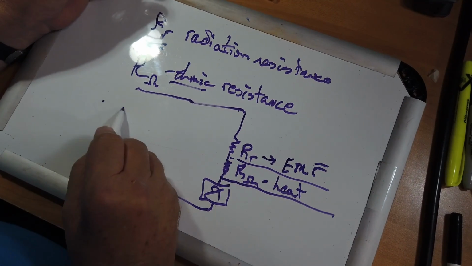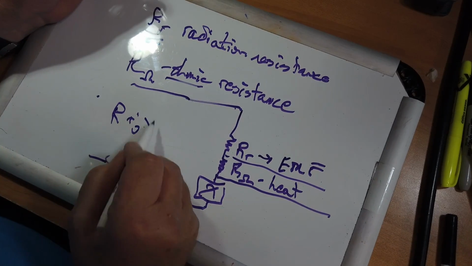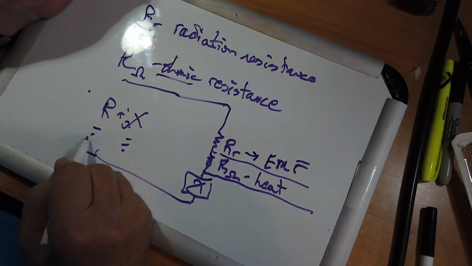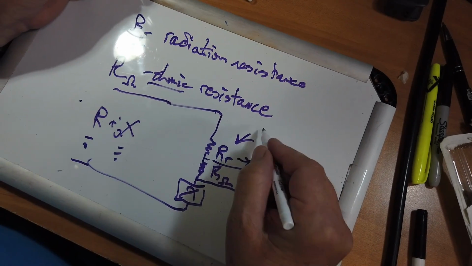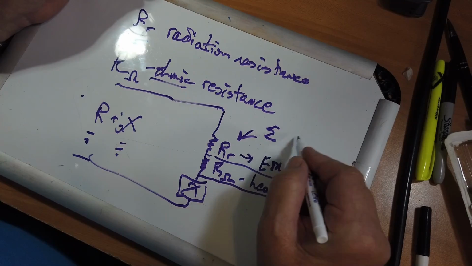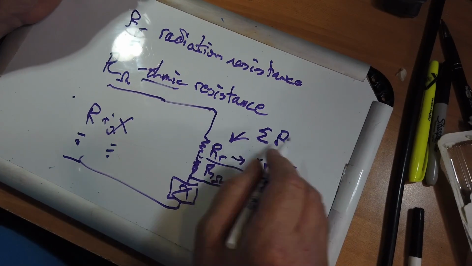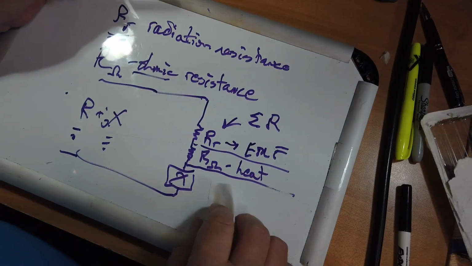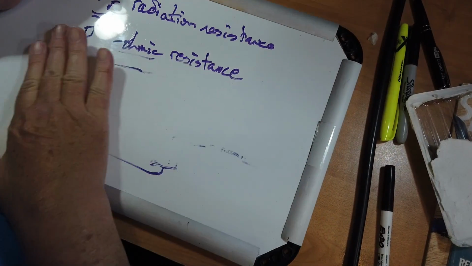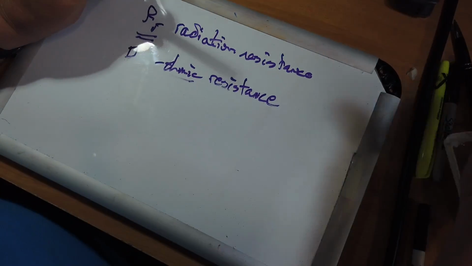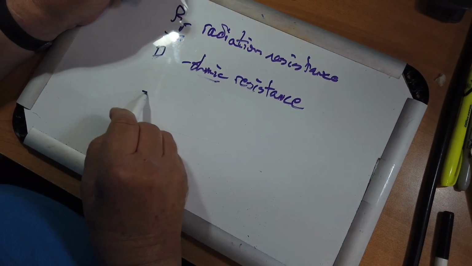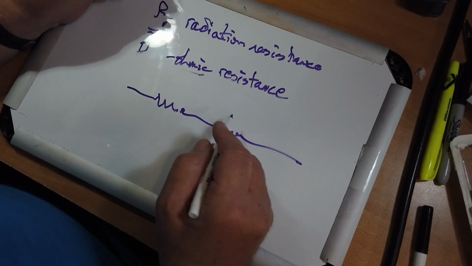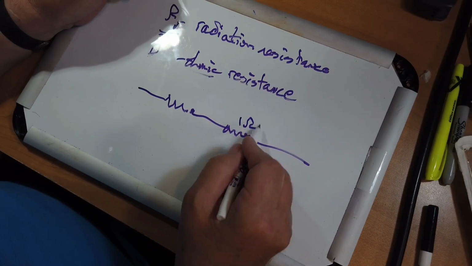If you look at this, you've got R plus jX, where X is the reactive part and R is the resistive part, which is the sum of these two resistances. Now, in a dipole, it is very easy to build a dipole where the ohmic resistance is about 1 ohm max.